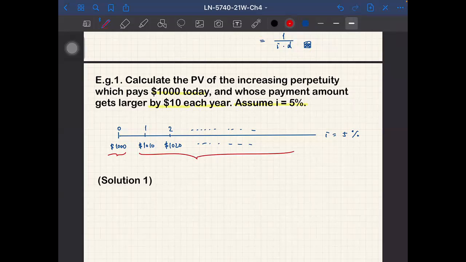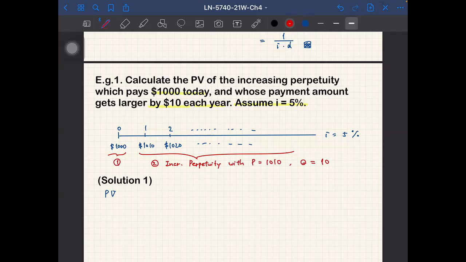Then the other part is the increasing perpetuity with P equal to 1,010 and Q equal to 10. The first solution just uses this division. We can call these cash flow 1 and cash flow 2.